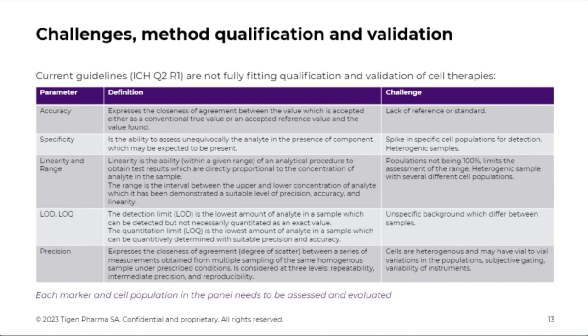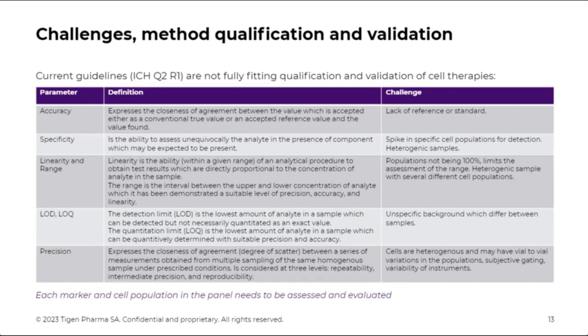That's an example of the range. And the linearity, you need to be sure that you measure in the linear range of your assay. This is a problem because we do not have 100% pure population, so that might limit the upper range of our samples. If we only have 60% CAR positive T cells, we can only determine the range up to 60%.